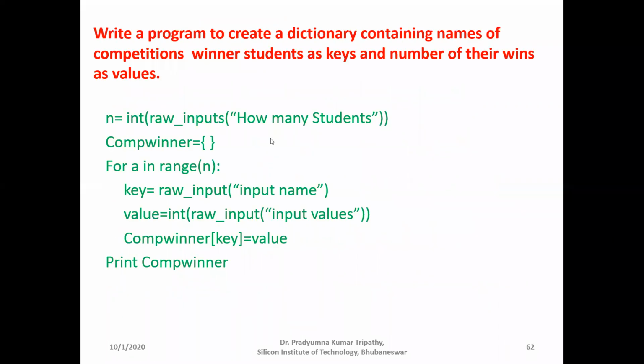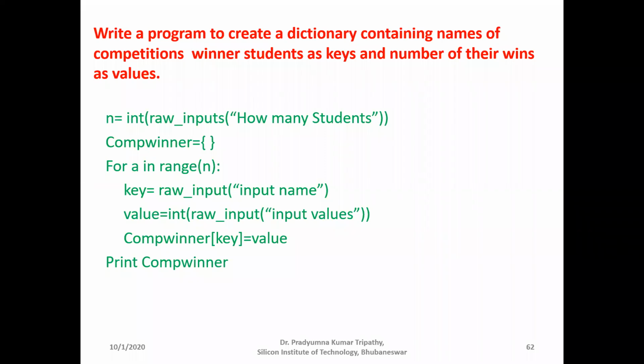Suppose a program is given to create a dictionary containing names of competition winner students as keys and the number of their wins as values. Try to understand. We need to generate a dictionary. What is the key?